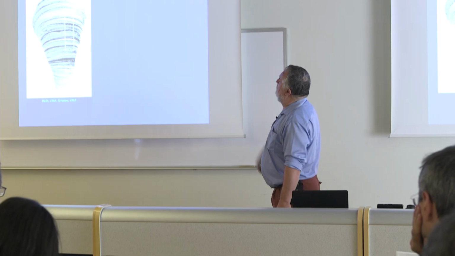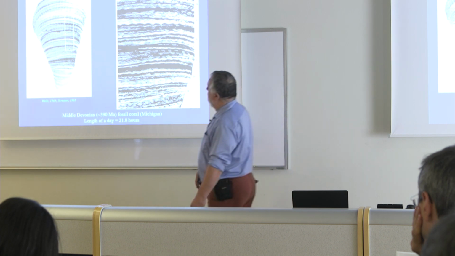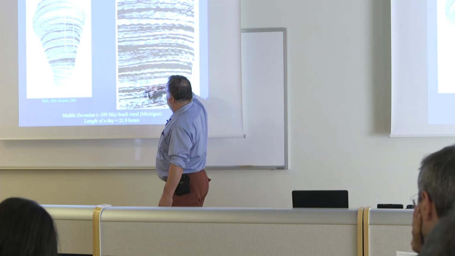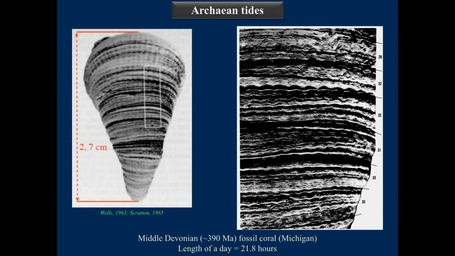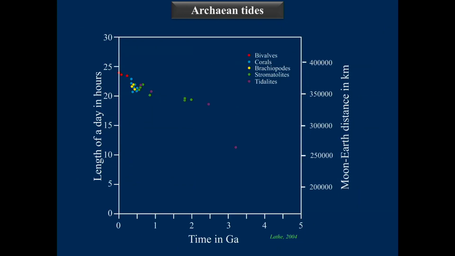The same studies were performed on more recent material, for instance some shells, and it was possible to build this kind of diagram. So you have the length of a day in hours, and the time. Today is 24 hours. Several kinds of rocks were studied: some sandstone, some stromatolite, some shells of animals.